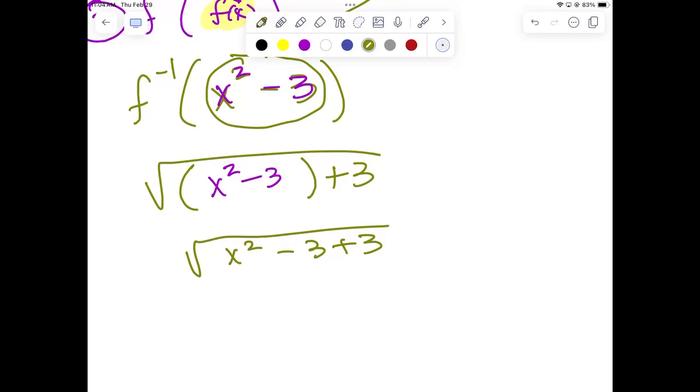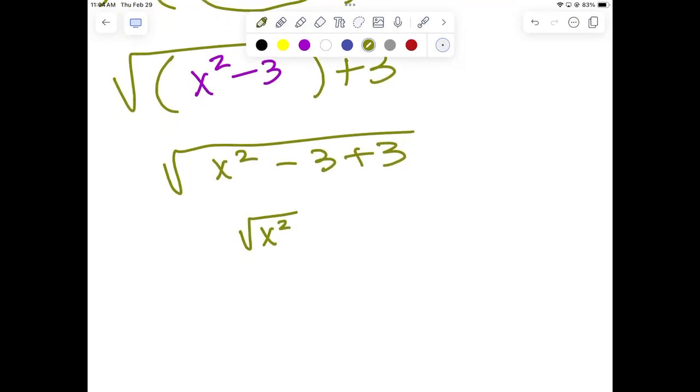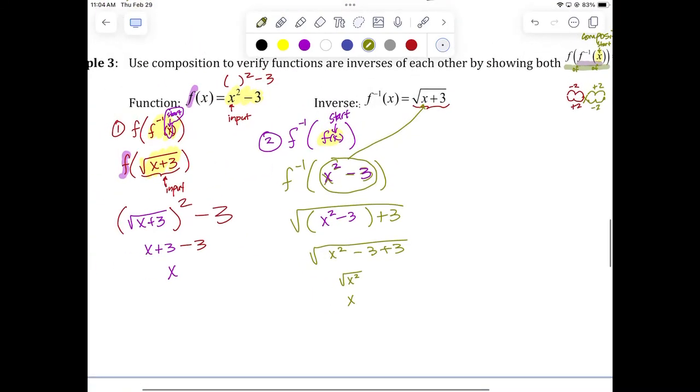And now what will I do? What's under the radical? What's negative 3 plus 3? 0, so those cancel. And I'm left with the square root of x squared, which is what? Did I end up with x again? I did. And because I got an x both times, it didn't matter if I went left first then right or right first then left. Doesn't matter if I do f and then f inverse or f inverse then f.